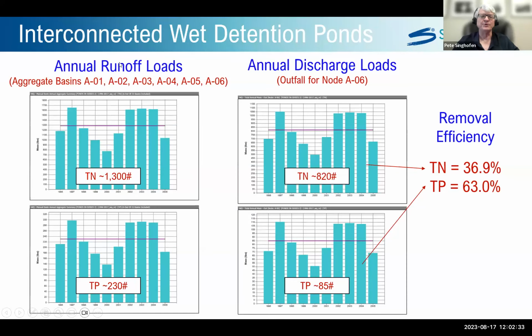So now if we compare the annual runoff loads, the aggregate for the 6 basins, and look at how much of each constituent actually discharged out of A06, the last pond, we go from 1,300 pounds of total nitrogen of runoff to 820 pounds that's discharged out of the last pond.